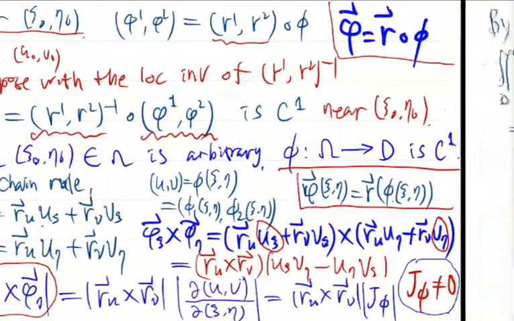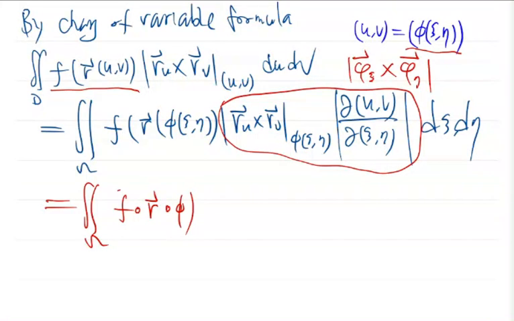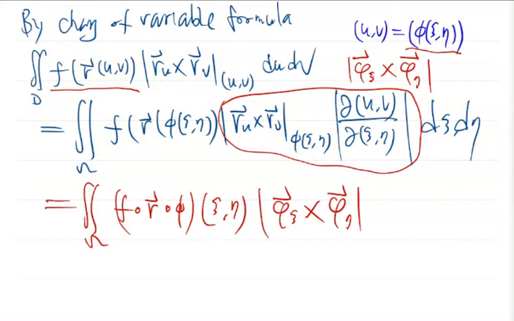Okay, so this is the integral over omega of f of R of phi(ξ,η), then the norm of phi_ξ cross phi_η, evaluated at (ξ,η), then dξ dη.